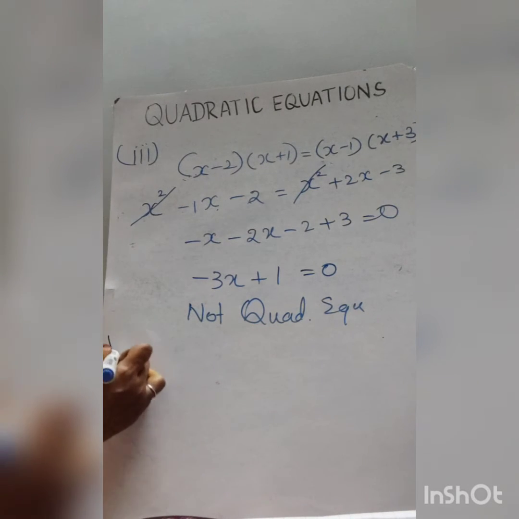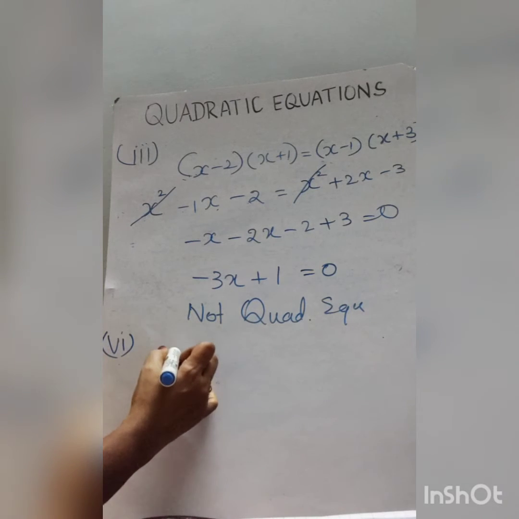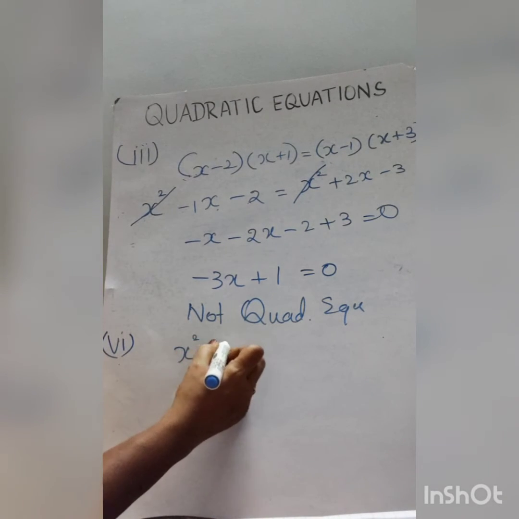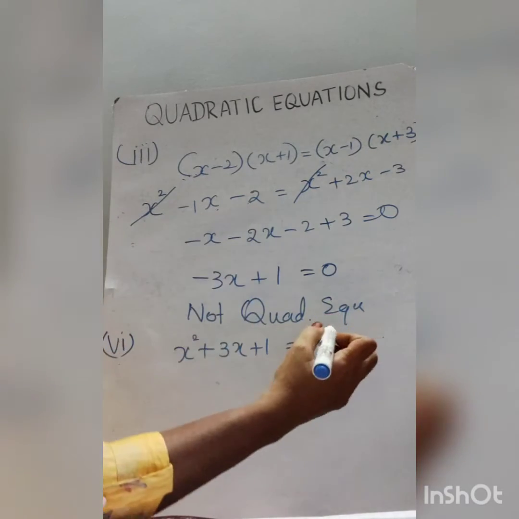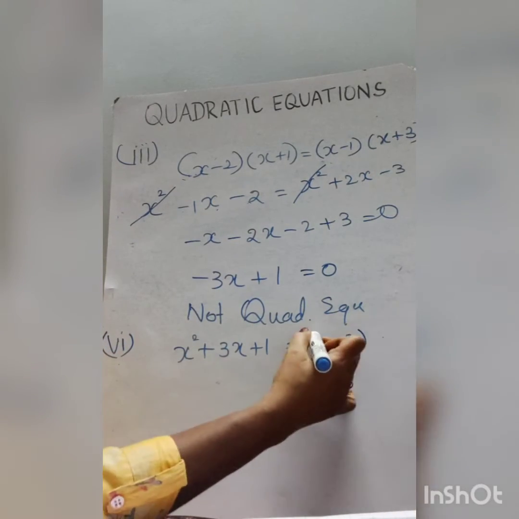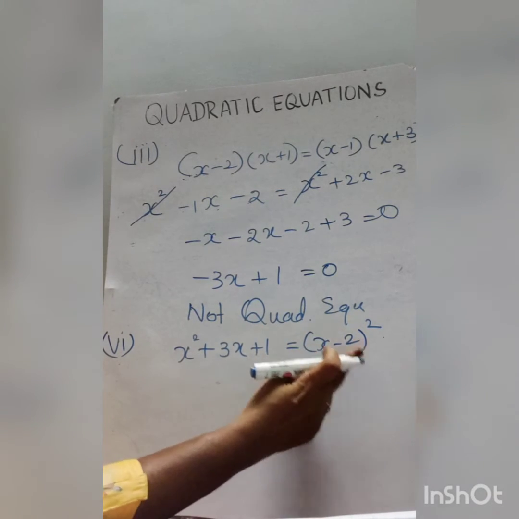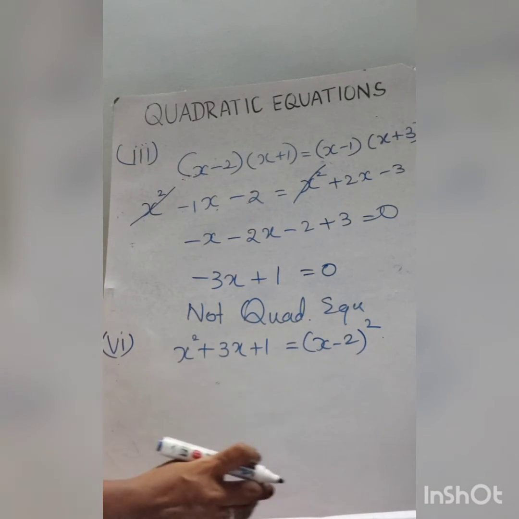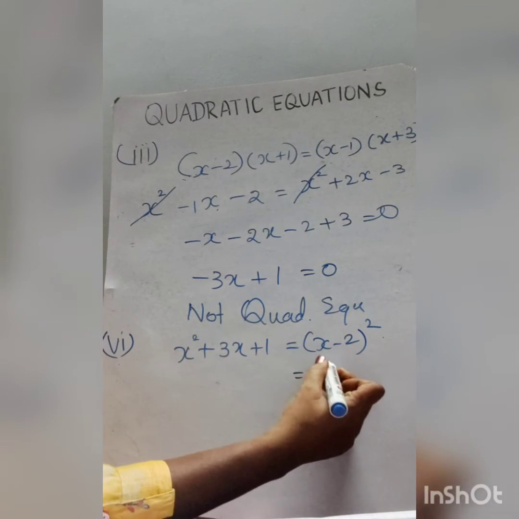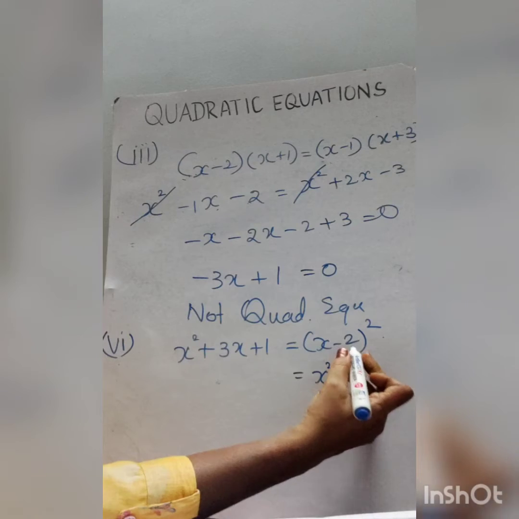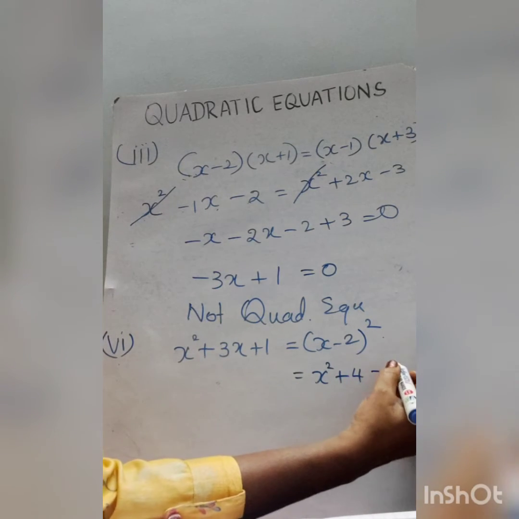And let me explain one more problem similar to this. I have x square plus 3x plus 1, which is equal to x minus 2 the whole square. So because I have a minus b the whole square formula, let me use a minus b the whole square formula, which is a square and b square, 2 square is 4, minus 2ab, which is minus 4x.